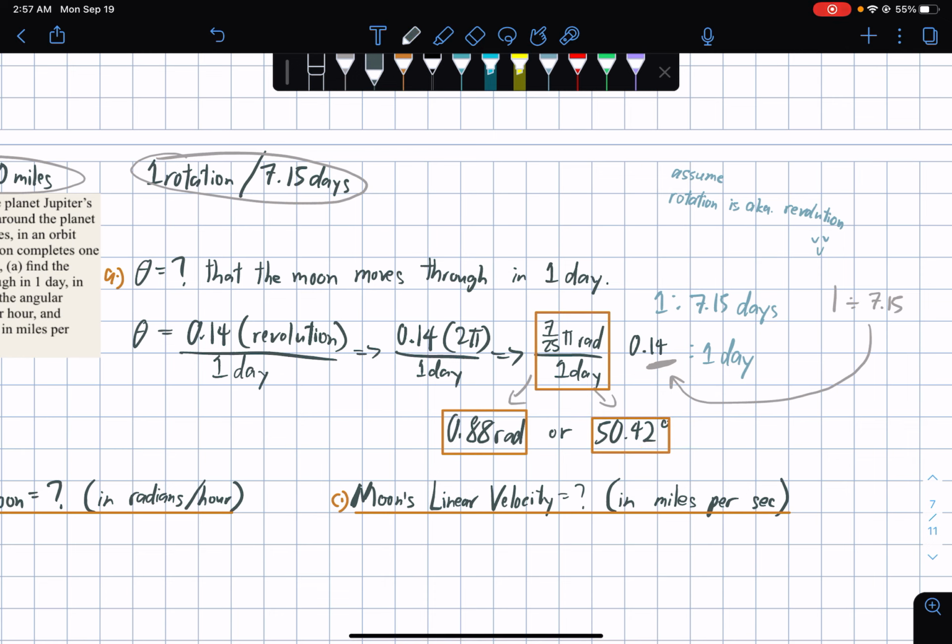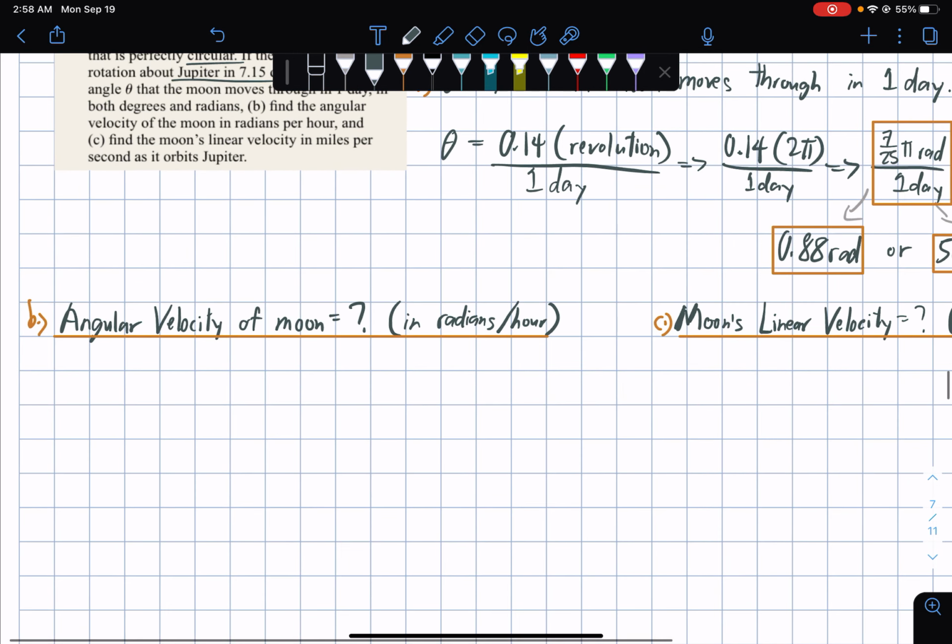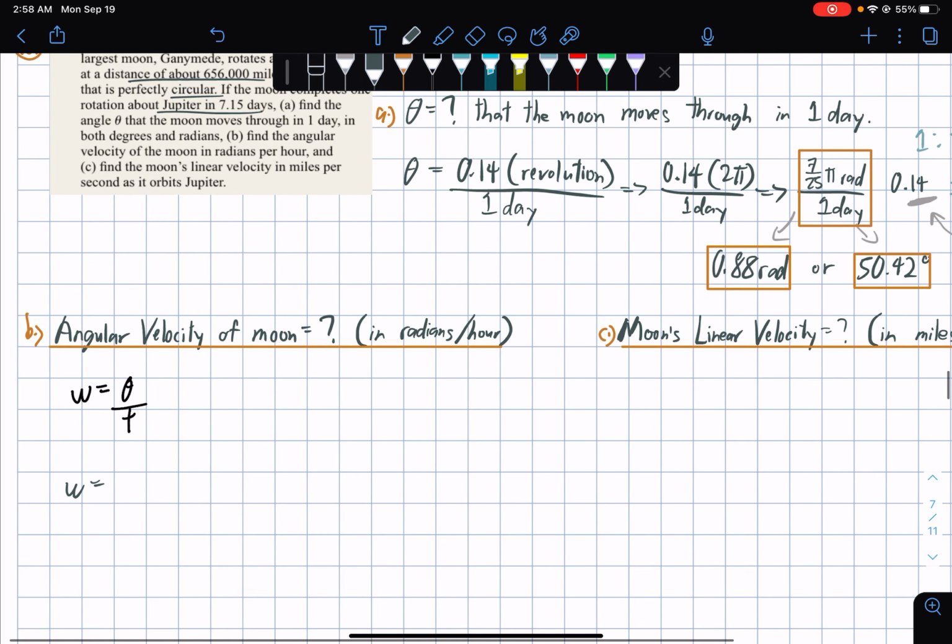Okay, move to letter B. You have to find the angular velocity of the moon in radians per hour. Angular velocity is theta over time, wherein right now we have 0.88 rad.